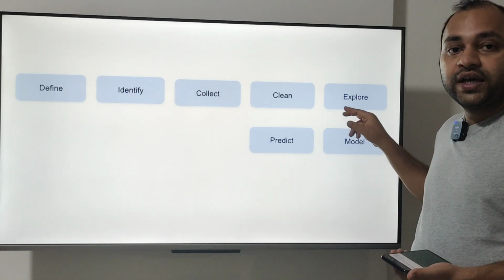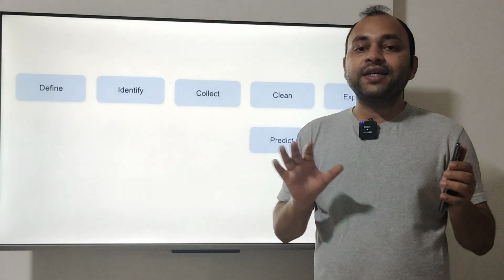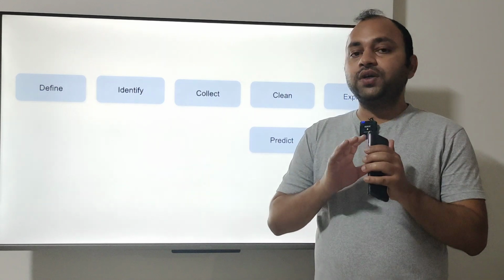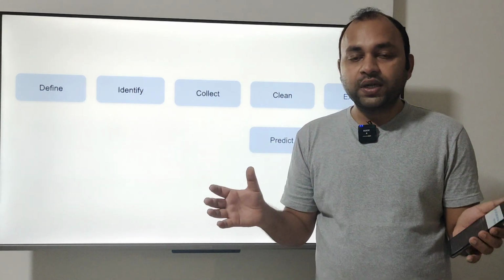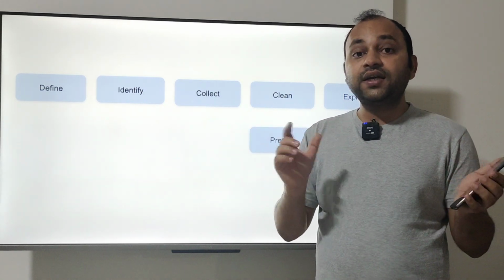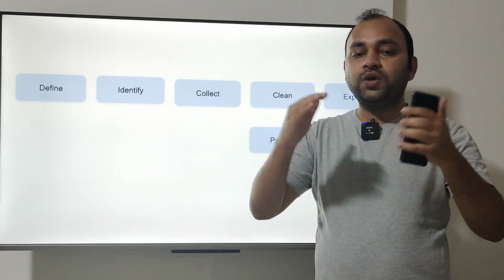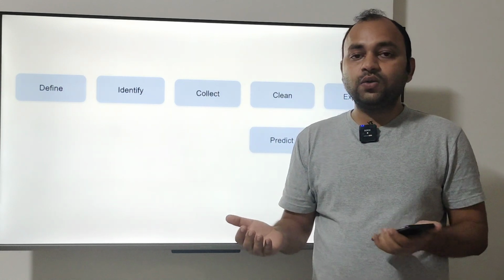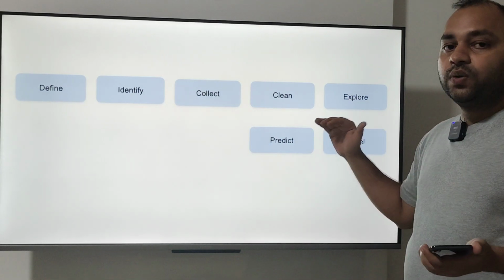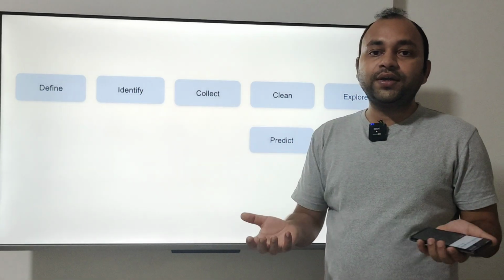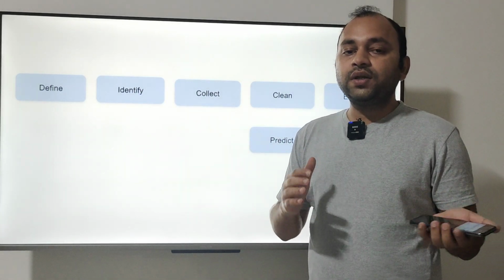After they are done with the exploration of the data, it's called exploratory data analysis, in which you do the data visualization, you grill the data from multiple dimensions, you create cross tables, things like those, and try to explore how the values are related to each other, how one variable impacts another variable.